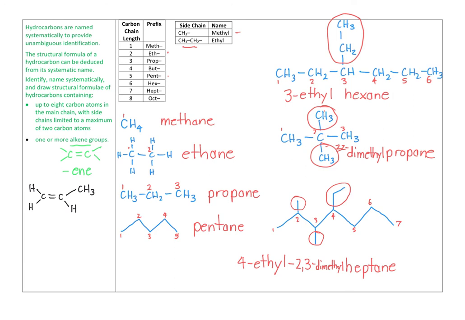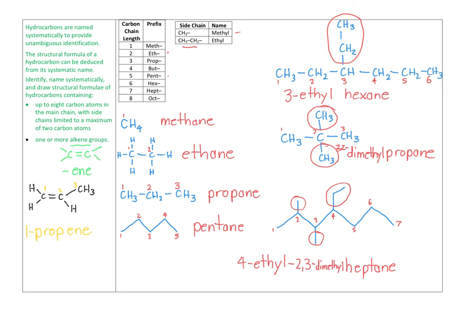That's fine. When we come to name this one here, we would go longest carbon chain, 1, 2, 3. So it is a prop. Now, because it has a carbon-carbon double bond here, it is a propene, and that carbon-carbon double bond starts on the number 1 carbon. So that's 1 propene.